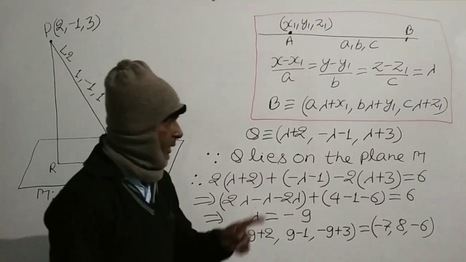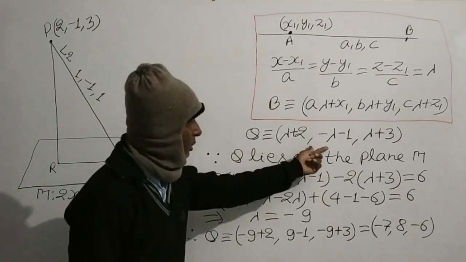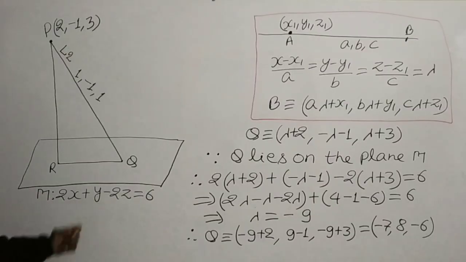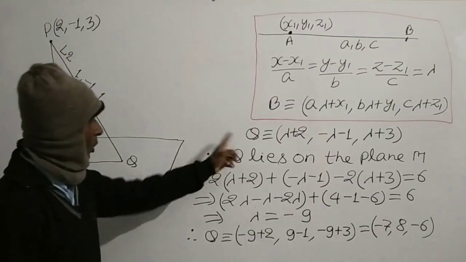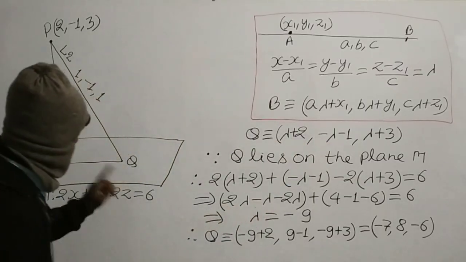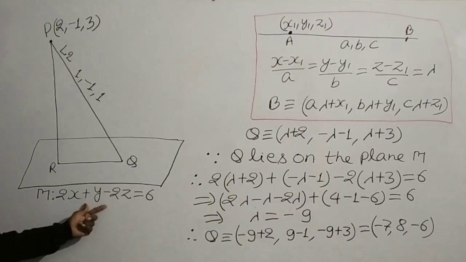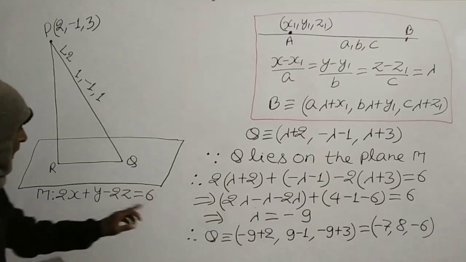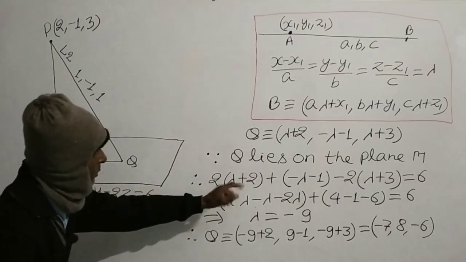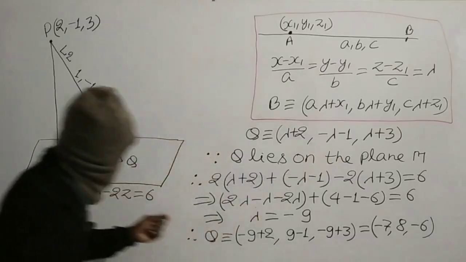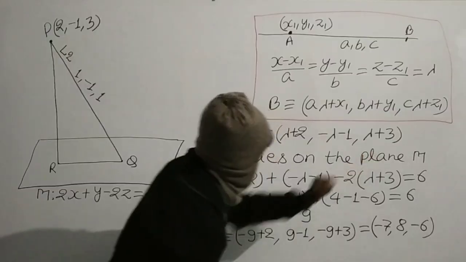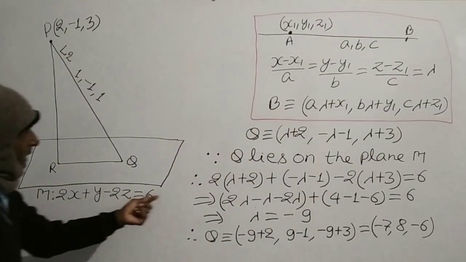Since this point Q lies in this plane M, therefore coordinate of this point Q will satisfy this equation. Therefore we put lambda plus 2 in place of x, minus lambda minus 1 in place of y, and lambda plus 3 in place of z.